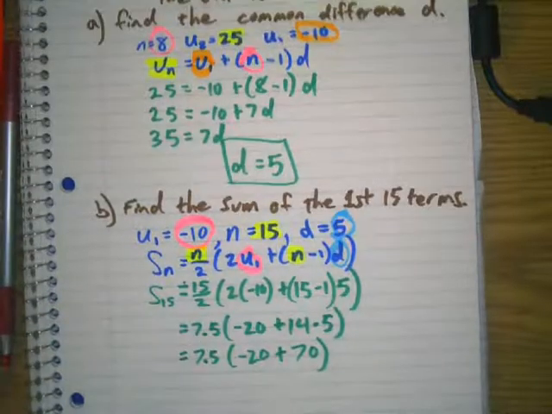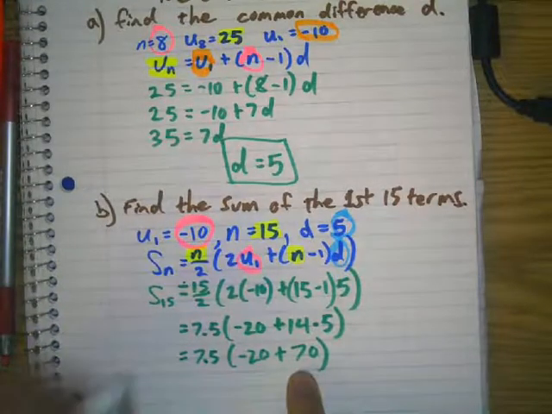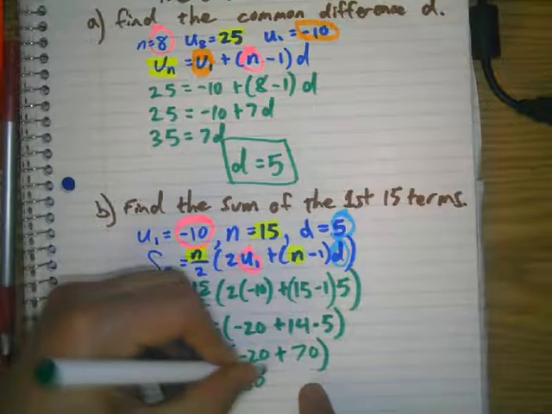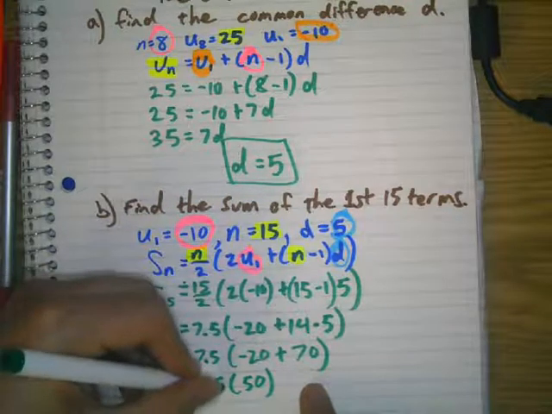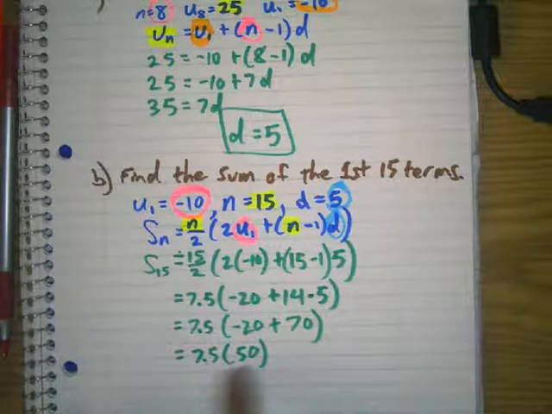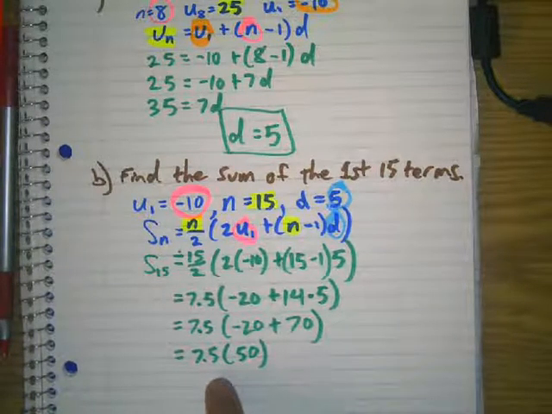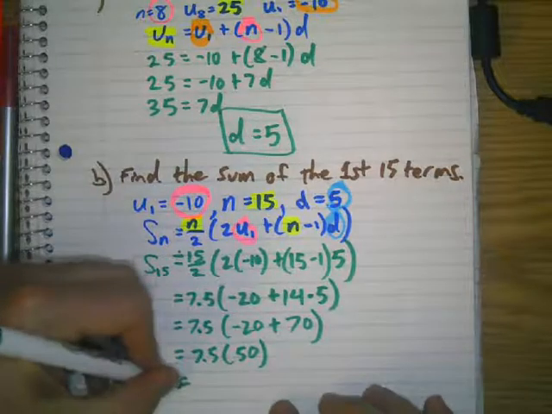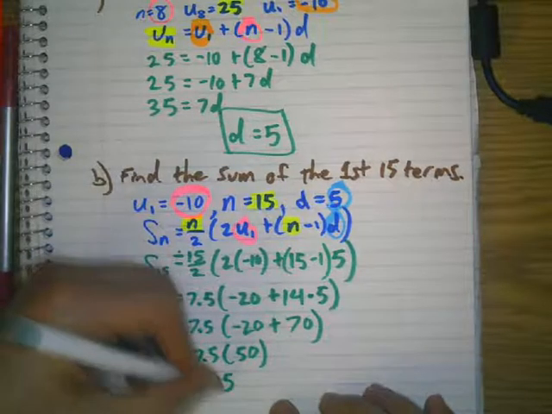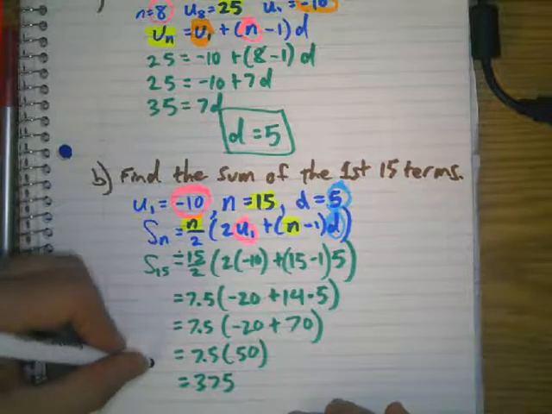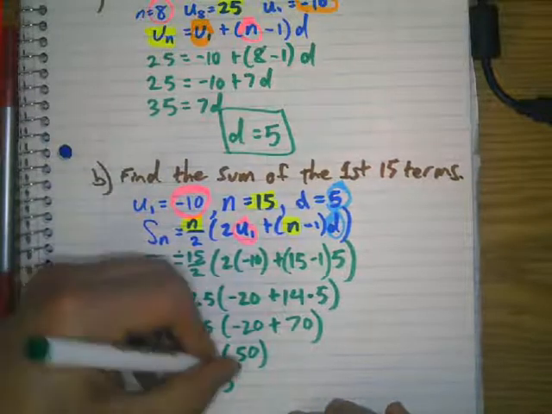All right. Negative 20 plus 70 is going to give me 50. And then multiply those together, and I get 375. And that is the sum of the first 15 terms.